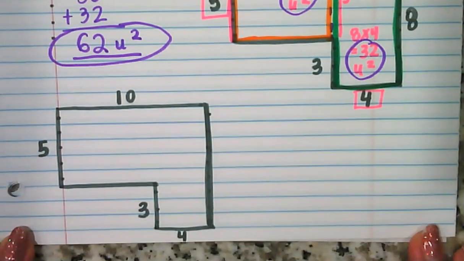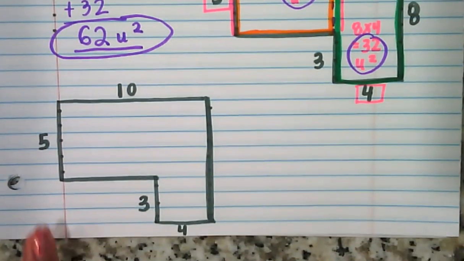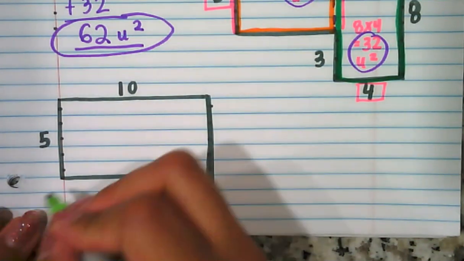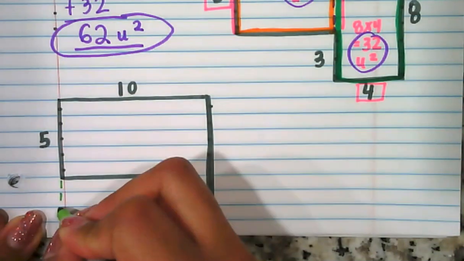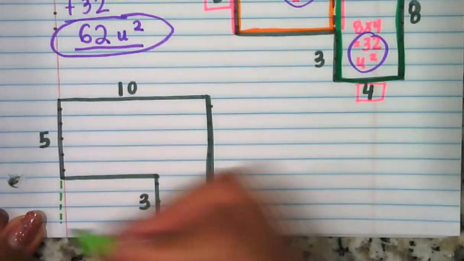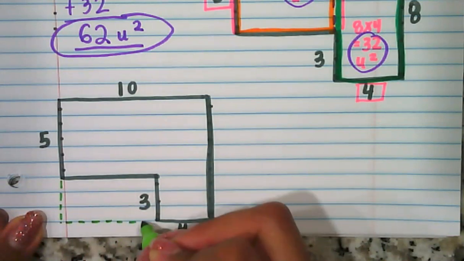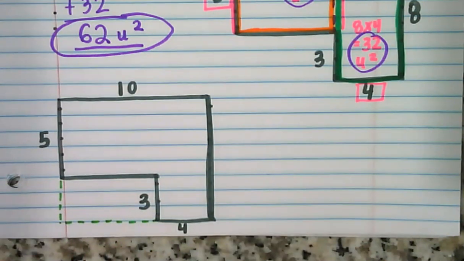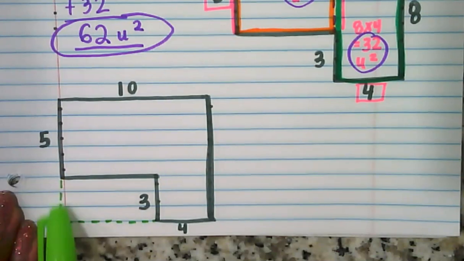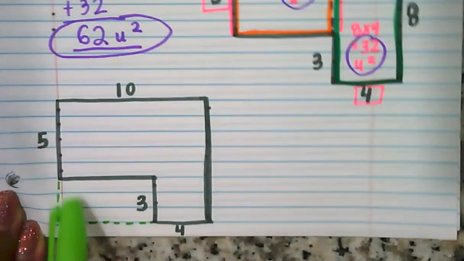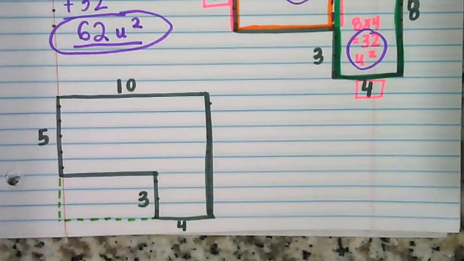So instead of breaking apart, I notice there's a rectangle here that's missing from a bigger piece. So I'm going to draw in the rest of this rectangle. Do we see by me adding in this over here, I now have a full rectangle, one big rectangle.